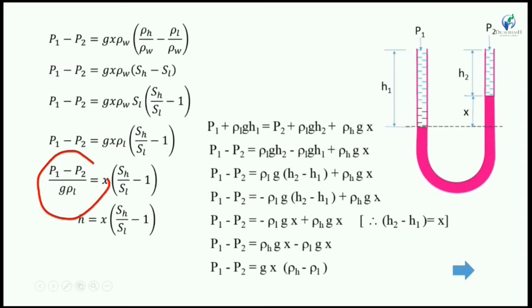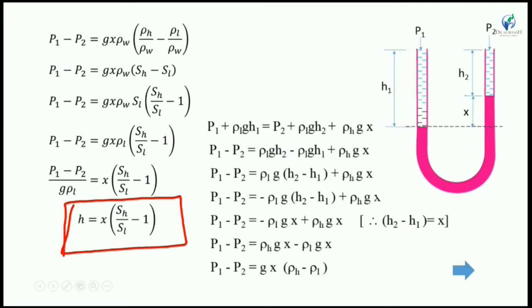Now this is the pressure difference head, denoted by small h. So finally we get this equation, and we find the value of the pressure difference by this equation for a manometer case.